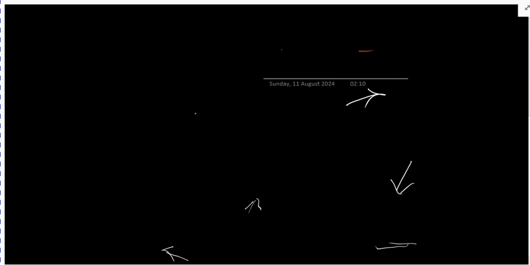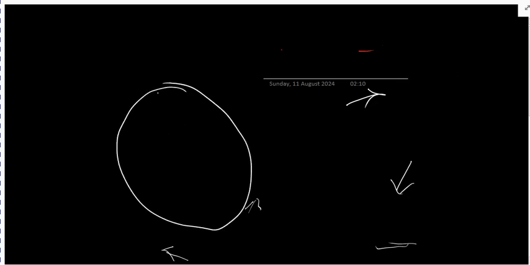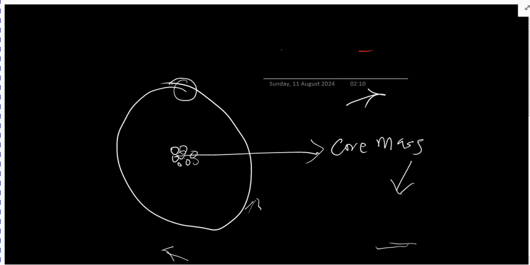So Rutherford actually likened the structure of an atom to be that of a planet. Having the central core, where the core mass of the atom is concentrated, then having electrons that are actually orbiting around the center.